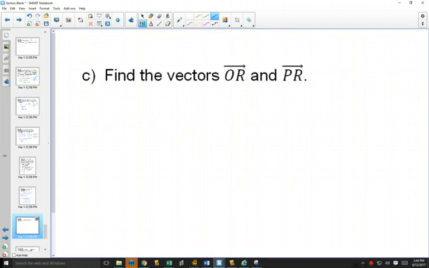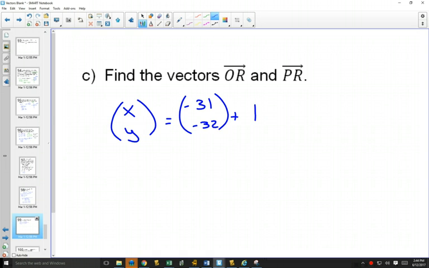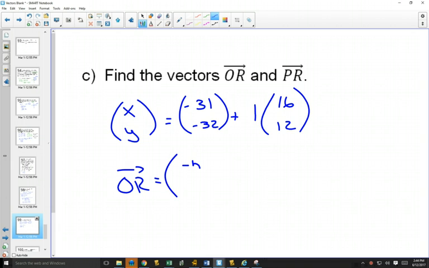So we can take our equation of our line and say 1 hour after traveling with that velocity vector, we're going to get to the point R. So OR will equal negative 15, negative 20. And that would be the position vector of OR.